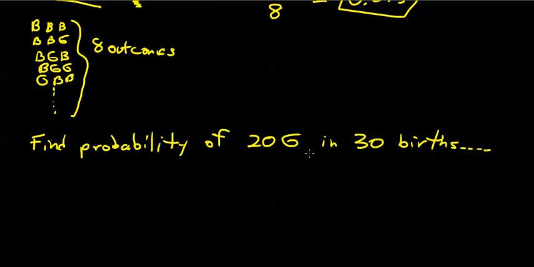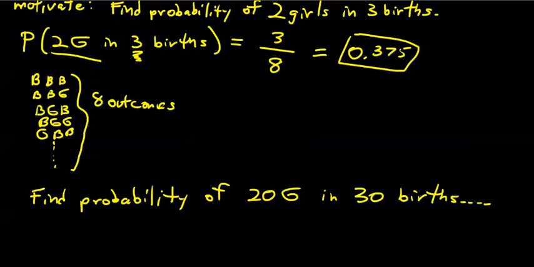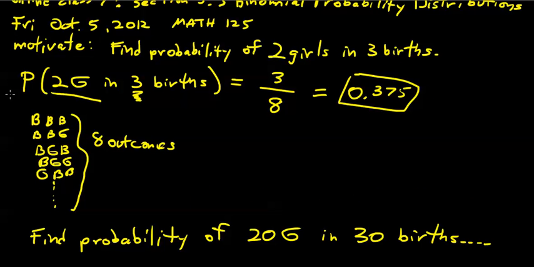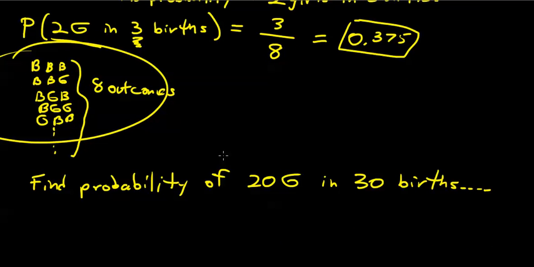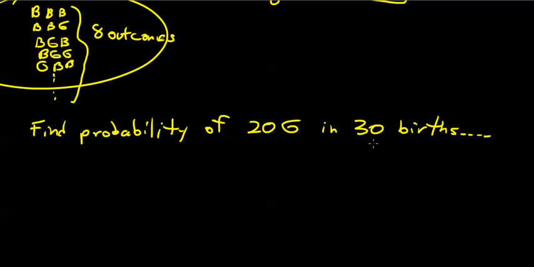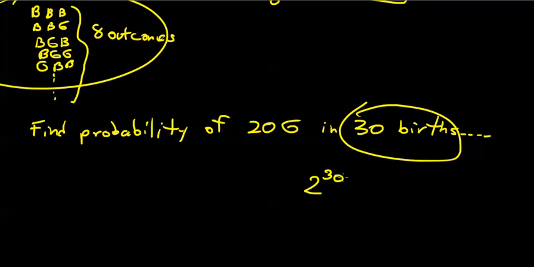Well, we can't use this very primitive technique here of just listing the sample space and hunting and pecking for outcomes that we desire. It's a little more complicated than that. When we've got 30 births, there's 2 to the 30th power possible outcomes, and this is huge, in billions, maybe even trillions of possible outcomes.